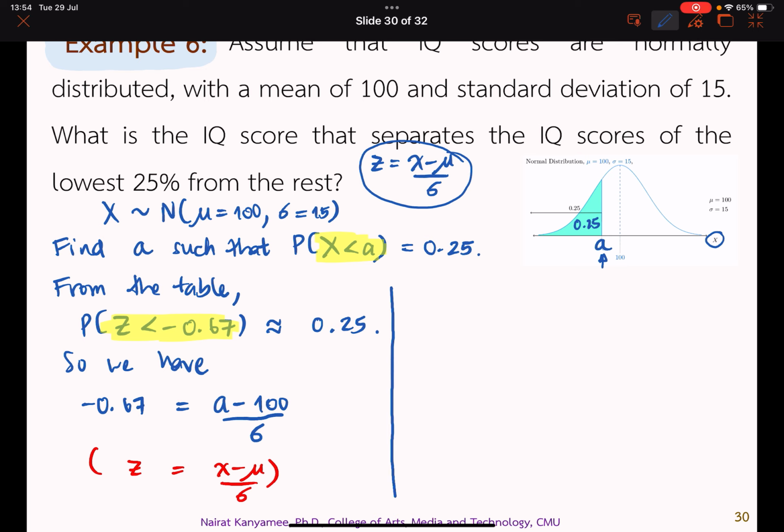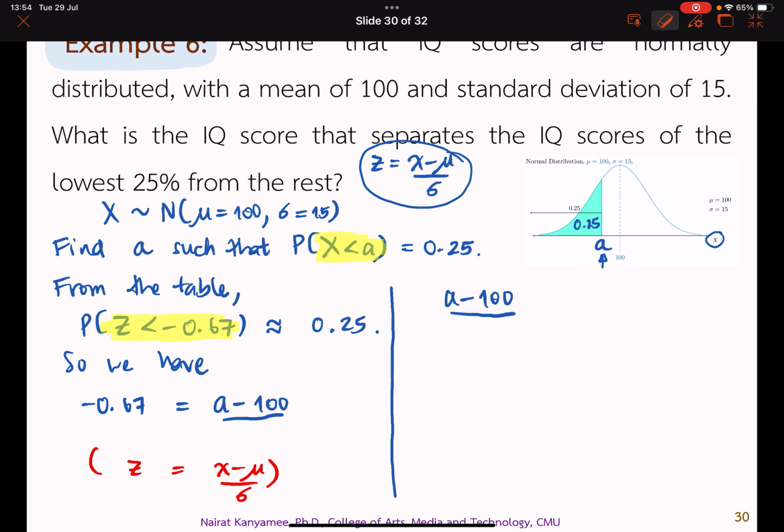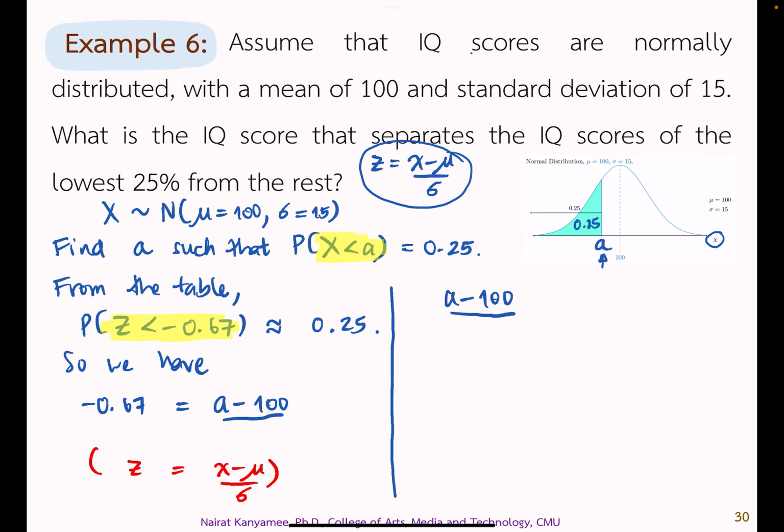Sigma, we know the value. Sigma is 15, right? So a minus 100 over 15 is minus 0.67.